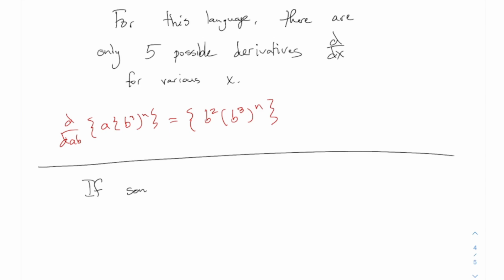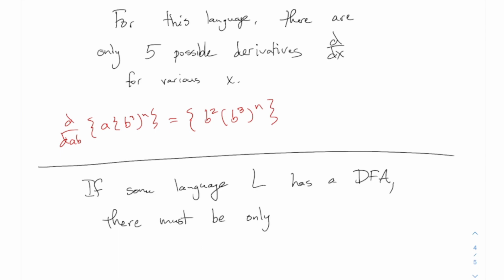If some language L has a DFA for it, there must be only finitely many derivatives, because the DFA has finitely many states.